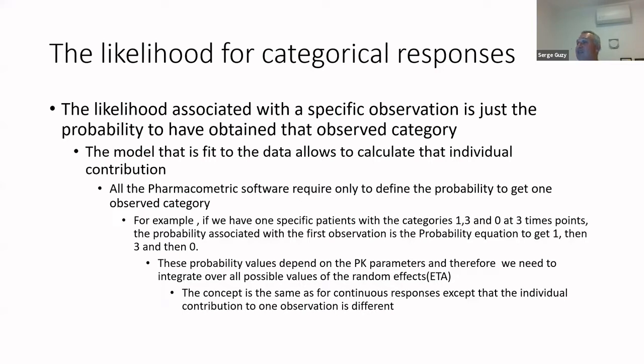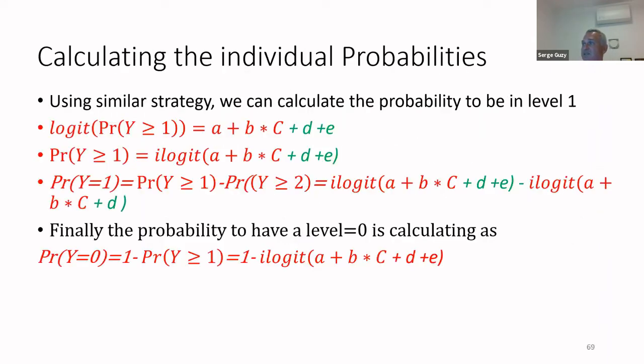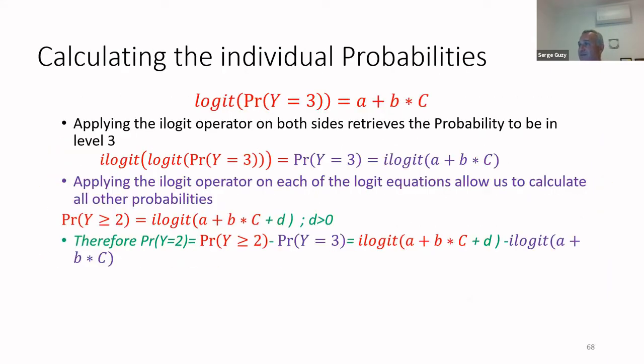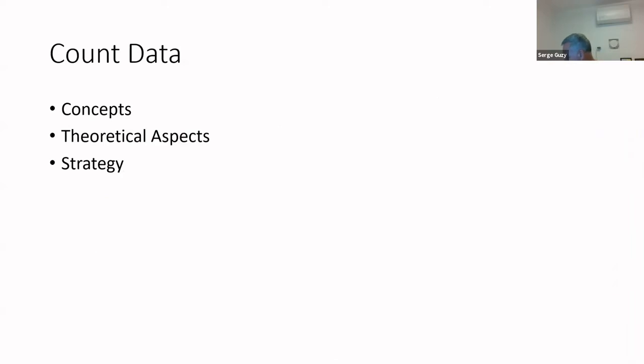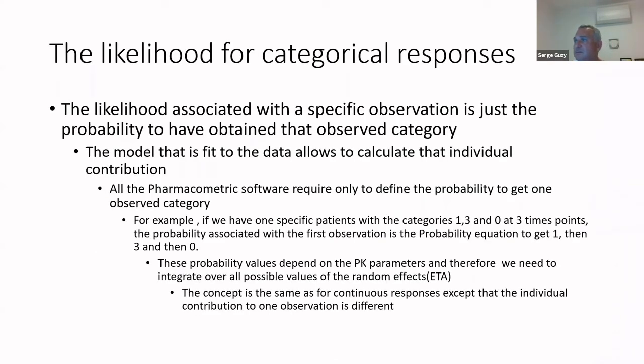If your observation is 3, the likelihood is the probability to get 3, which is basically the I logit of A plus B multiplied by C. If you get an observation equal to 2, then the likelihood is the probability to get 2.